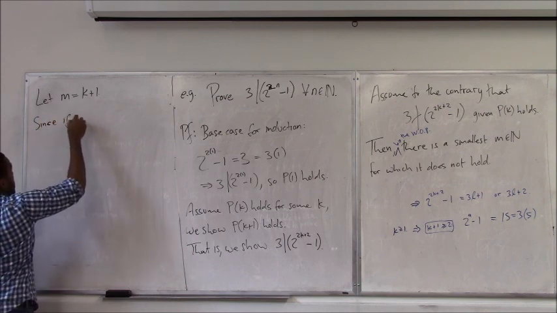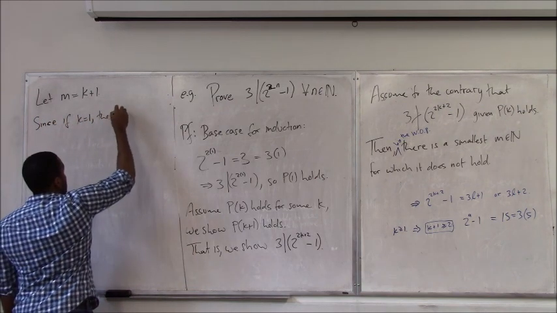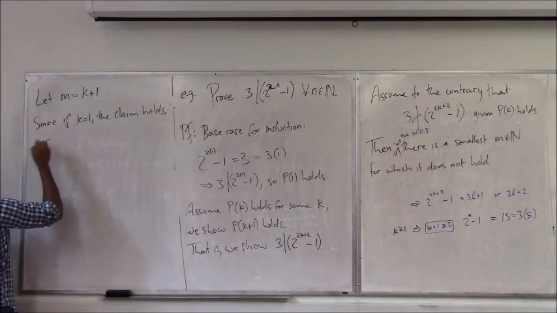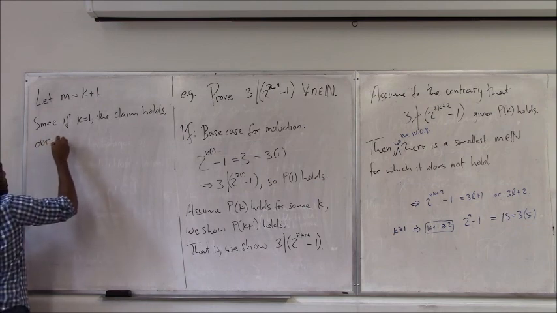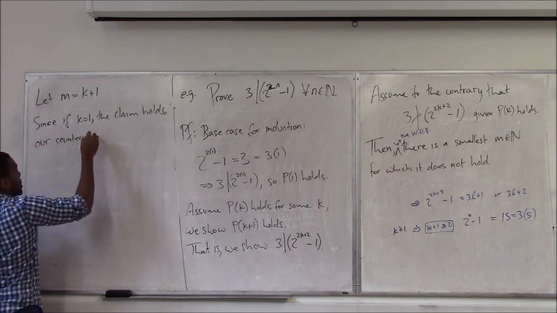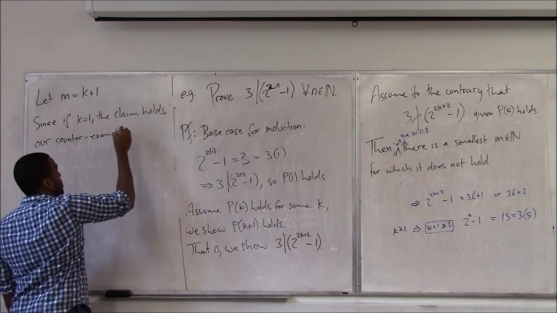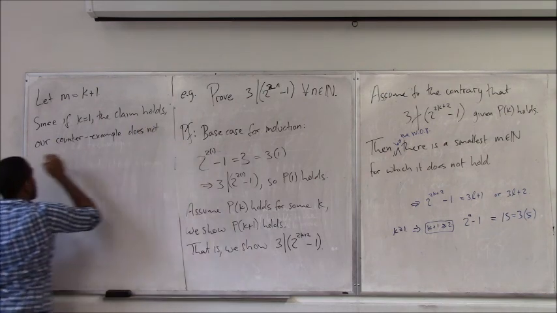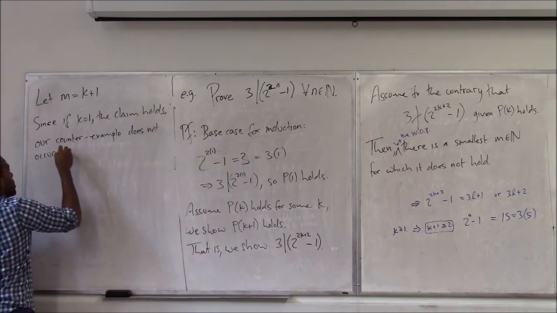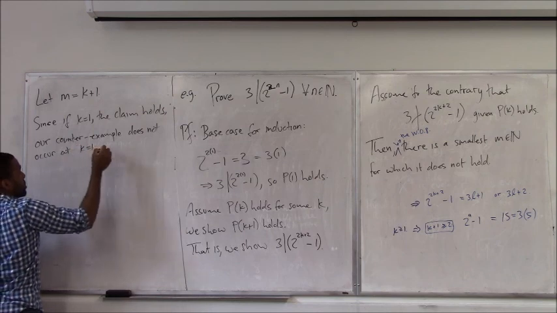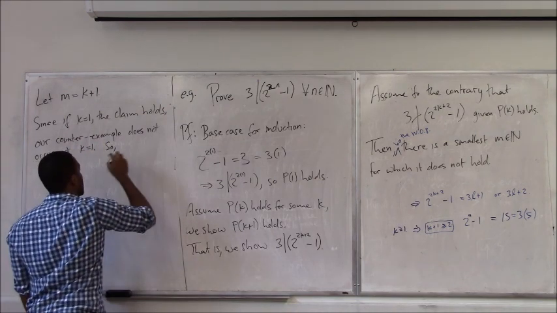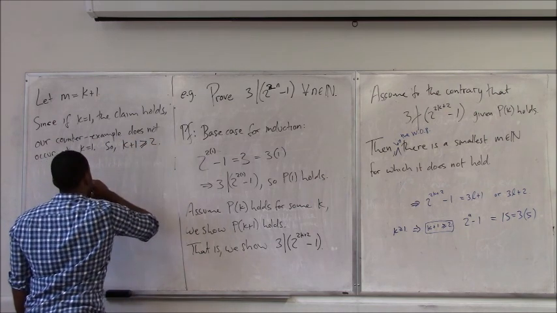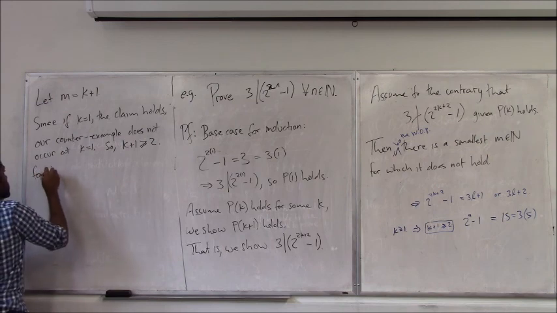Since if k equals 1 the claim holds, our counterexample must be larger than that. Our counterexample does not occur at k equals 1. So k plus 1 must be at least 2 for the counterexample.